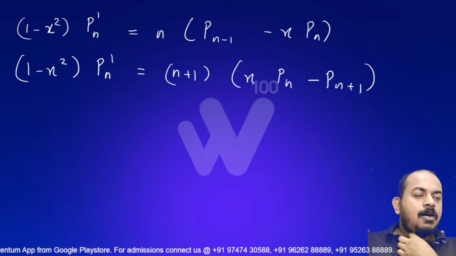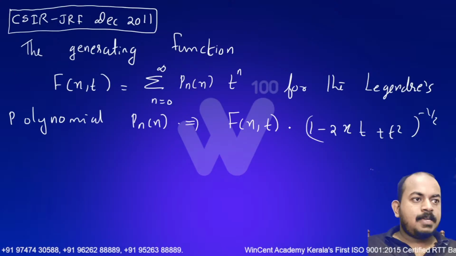and it was given that f(x,t) is (1 minus 2xt plus t square) to the power minus 1 by 2, right? So we already dealt with the form of the generating function.